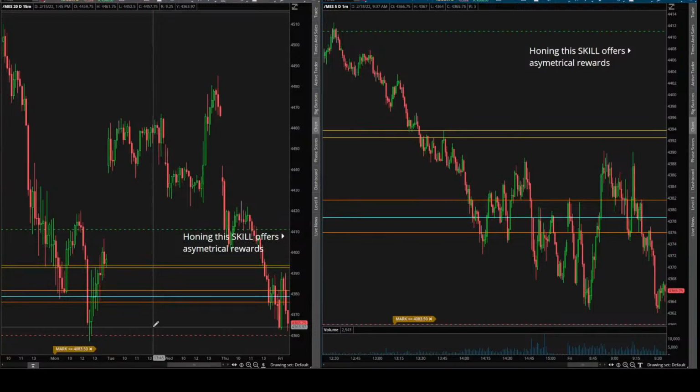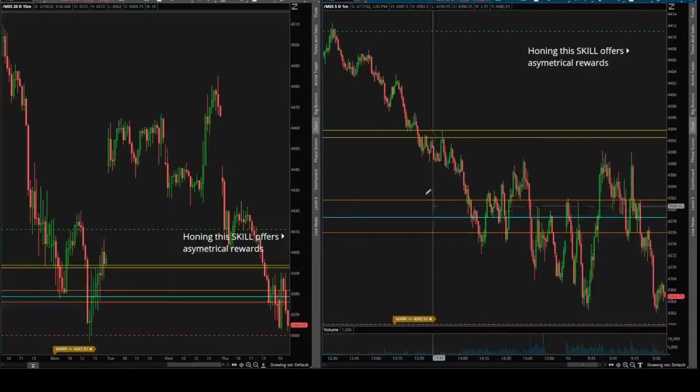My overall bias, as you recall, is to the short side for the day. Not doing it just yet. Not getting it lower. Let me pull up my 5-minute chart here. It looks interesting.